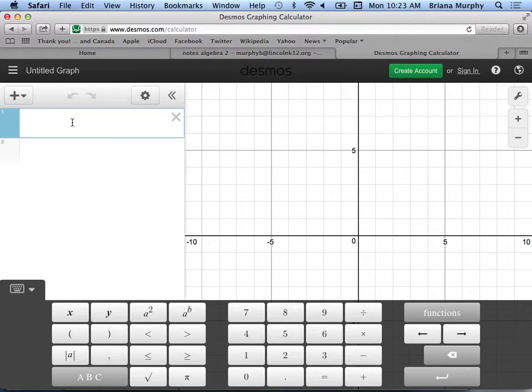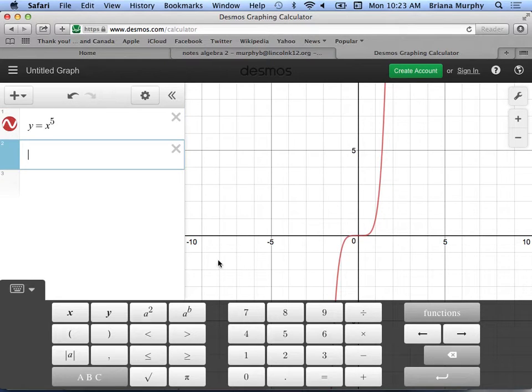Okay, let's adjust this a little bit. It might take me a minute because I know I don't want y equals x to the 5th because it looks like my graph, right? And it's not great. So instead, let's move this around a little bit.